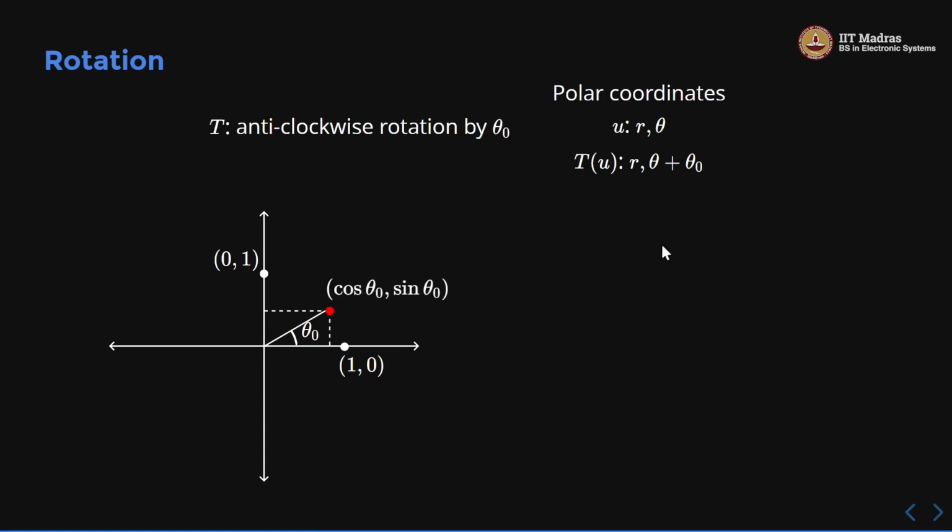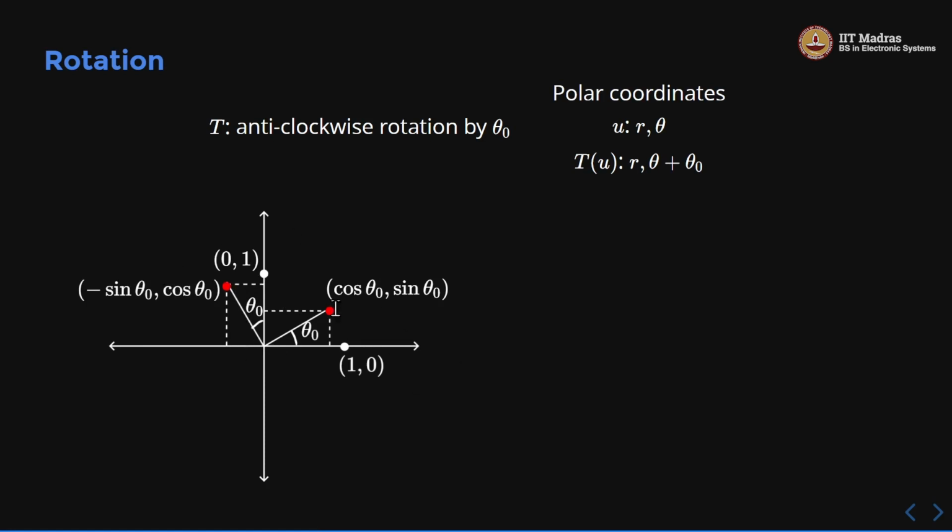So if you were to do a matrix, the first column of the matrix is going to be (cos theta naught, sin theta naught). What about (0, 1)? What happens to (0, 1)? It also gets rotated, and this angle will become theta naught, and this length is 1. So the y coordinate now is cos theta naught, and the x coordinate now is minus sin theta naught, right? Minus sin theta naught goes in this direction.